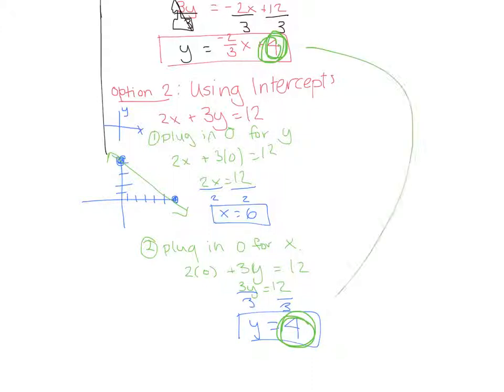So both these values of my y-intercept are the same. Okay, that's because these two lines are the same. If I graphed this line in slope-intercept form, or I use my finding my intercepts method, I would have gotten the same exact line. So your y-intercepts should match, right? They're both 4. Good, that's what we want.